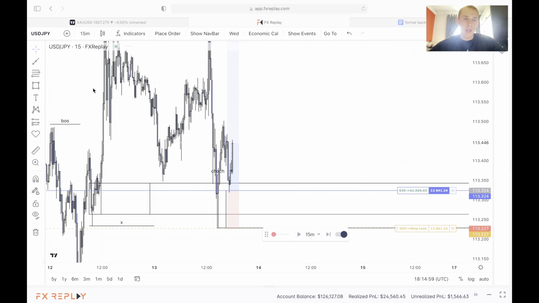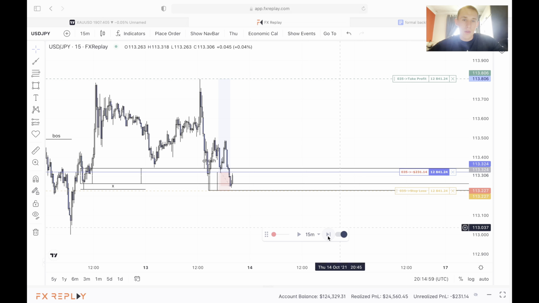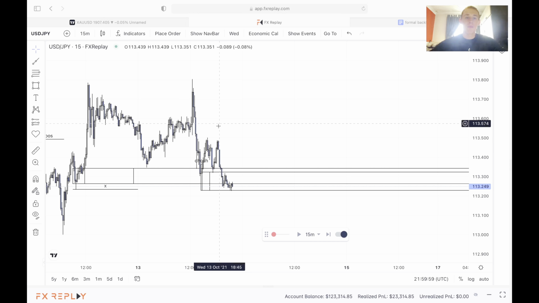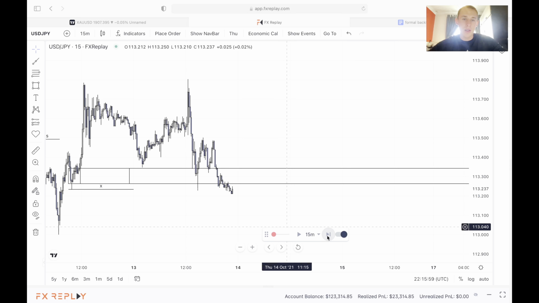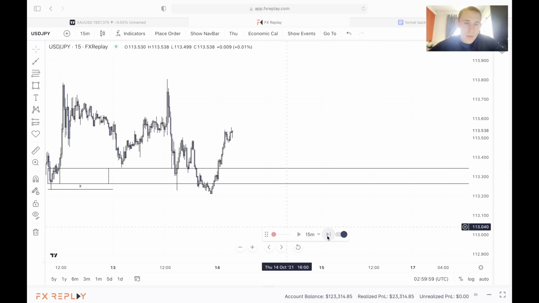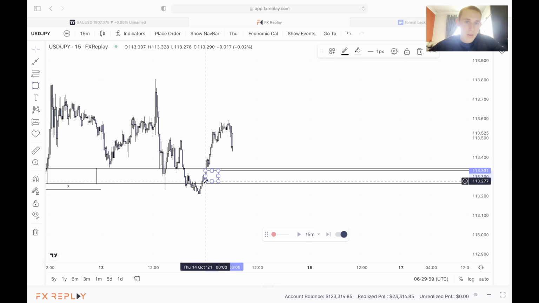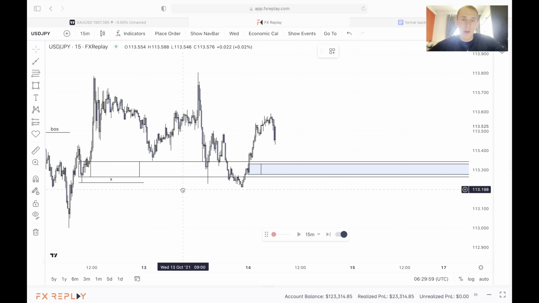Let's play this on the higher time frame. Oh, there we go. Stop loss hit on that one. See what happens next. I think price just wanted to take a little bit more liquidity.